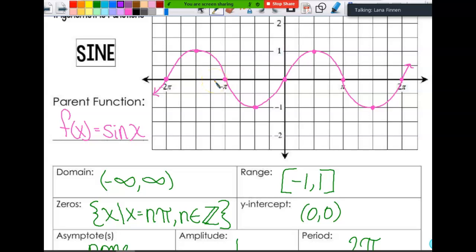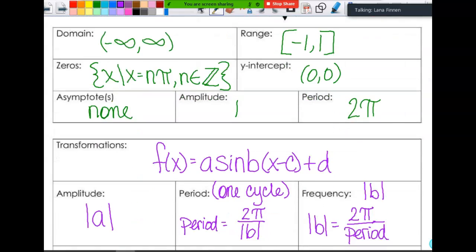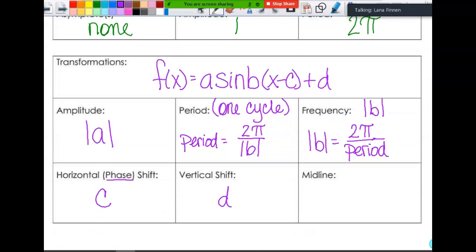If I shift this up or down, then the line that goes through these zeros is still the midline. So if I shift this up 5, my vertical shift is 5, but my midline is the line y equals 5. It's like my new x-axis, okay? So whatever the vertical shift is, your midline is just y equals that. So it would just be y equals d. But it's a line, so it's got to be a y equals.